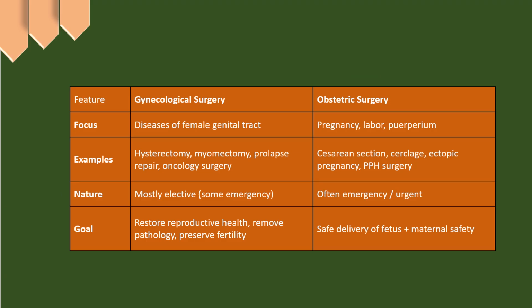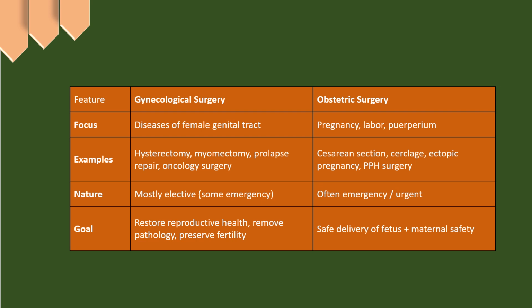So, in these slides I have just summed up the difference between gynecological surgeries and obstetric surgeries. The gynecological surgeries have their main focus on diseases of the female genital tract. Meanwhile, obstetric surgery is performed for pregnancy, labor, and puerperium, and these procedures are performed for the life safety of the female and the fetus.